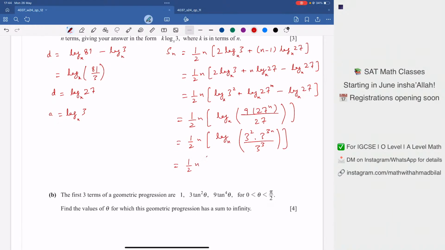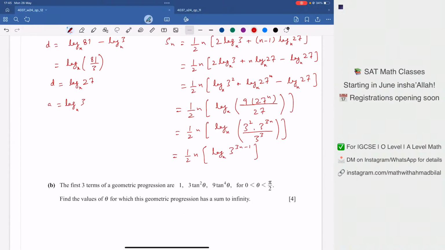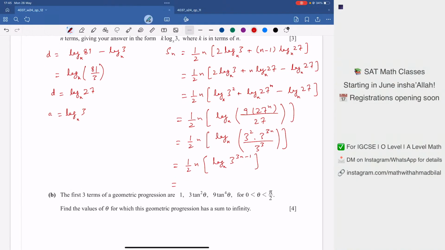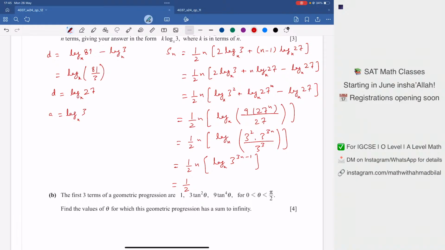That's half n into log of 3 raised to a power 2 plus 3n minus 3, that will be 3n minus 1. Now 3n minus 1 goes outside, gets multiplied, and you get half n into 3n minus 1 into log of 3 base x. And that's the final answer that you're getting from this. You could leave it like this or simplify this, both of them are okay, but that's the final result that you've got.